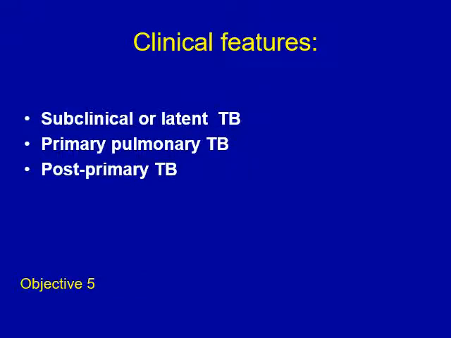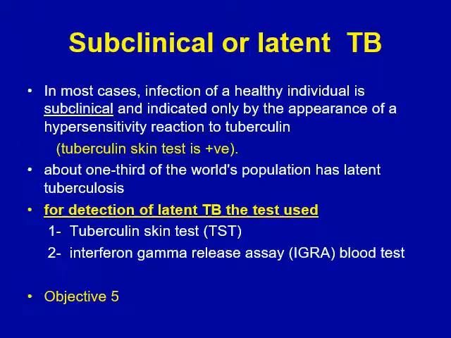The types of TB: we have subclinical or latent TB, primary pulmonary TB, and post-primary TB. Subclinical or latent TB is very common and important.